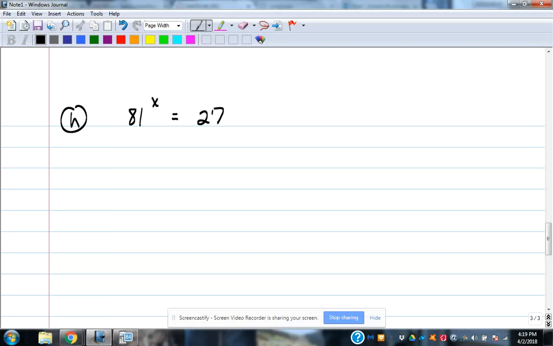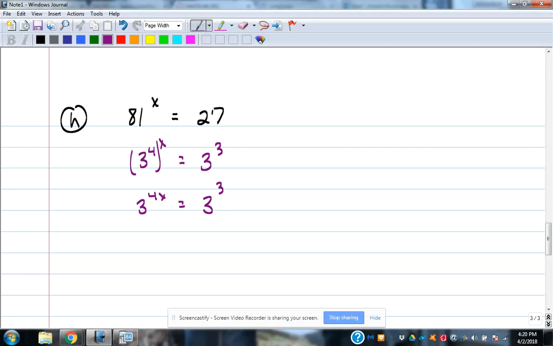81 is 3 to what power? To the 4th, and 27 is 3 to the 3rd. So we have 3 to the 4th to the x equals 3 to the 3rd. Okay? Well, that gets us 3 to the 4x equals 3 to the 3rd. As an exponential equation, since the bases are the same, what's my equation end up being? 4x is equal to 3. Now, what's the math that makes that happen?